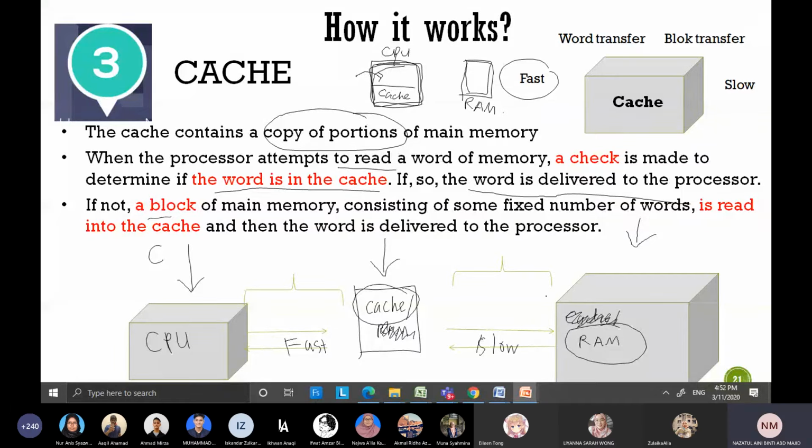Okay, last thing. Between the CPU and cache, what is being transferred here? Word. Data and bits. So this is the word transfer.